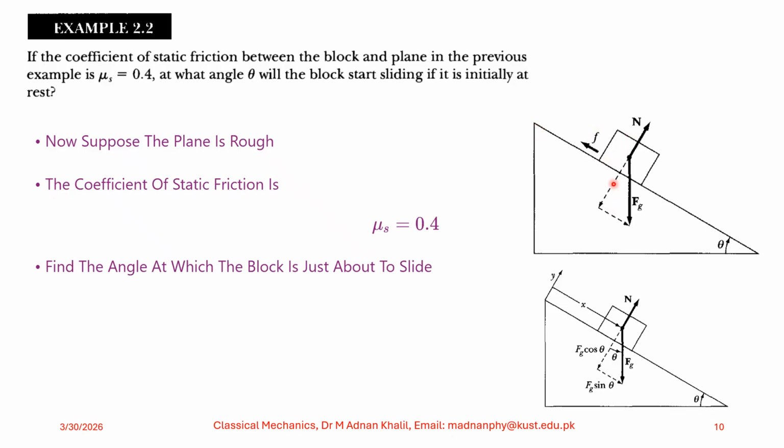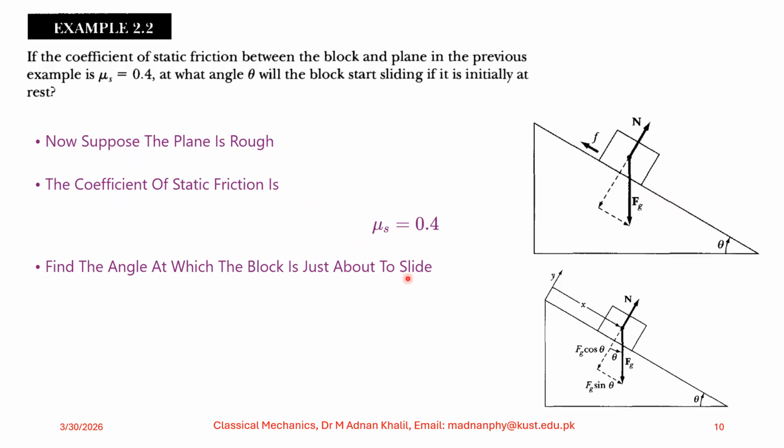In the previous example, the perpendicular direction was motionless, so the normal force was balanced by the component of the weight perpendicular to the inclined plane. Along the inclined plane the block was sliding, so we had a net force.